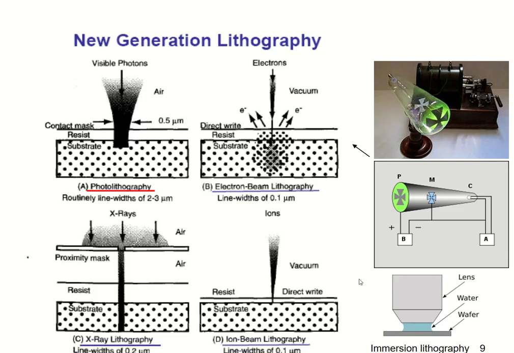Compared to the air condition, the liquid condition gives you a better environment, because under the water you have less optical diffraction and refraction. Also, the refractive index of water is more advantageous than air. So there are some advantages to doing lithography in water, and that improves the resolution as well.